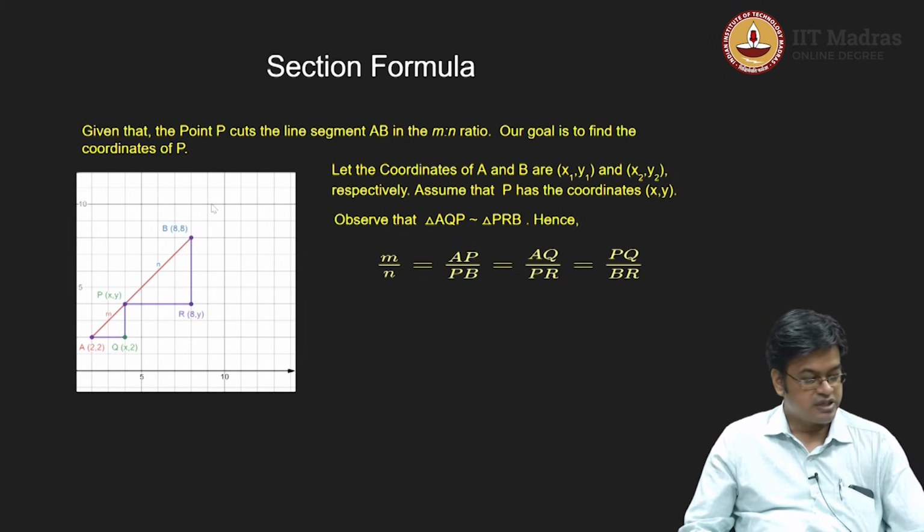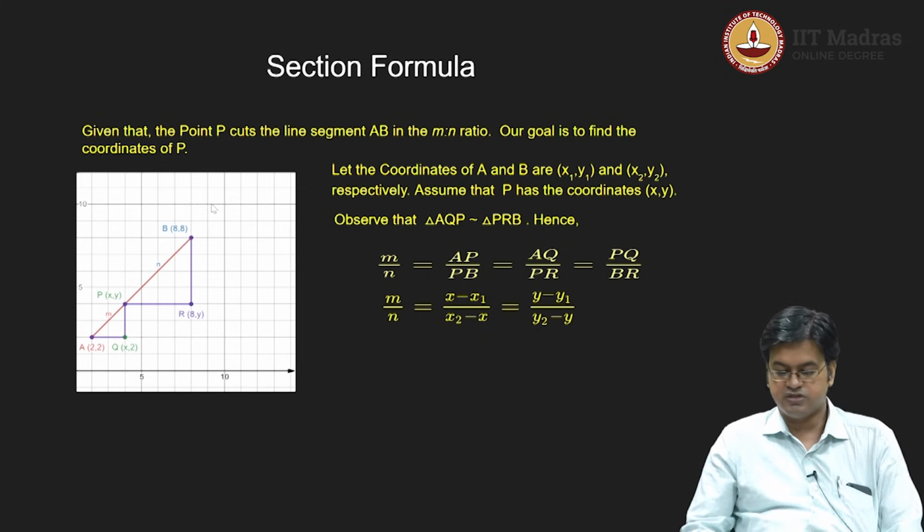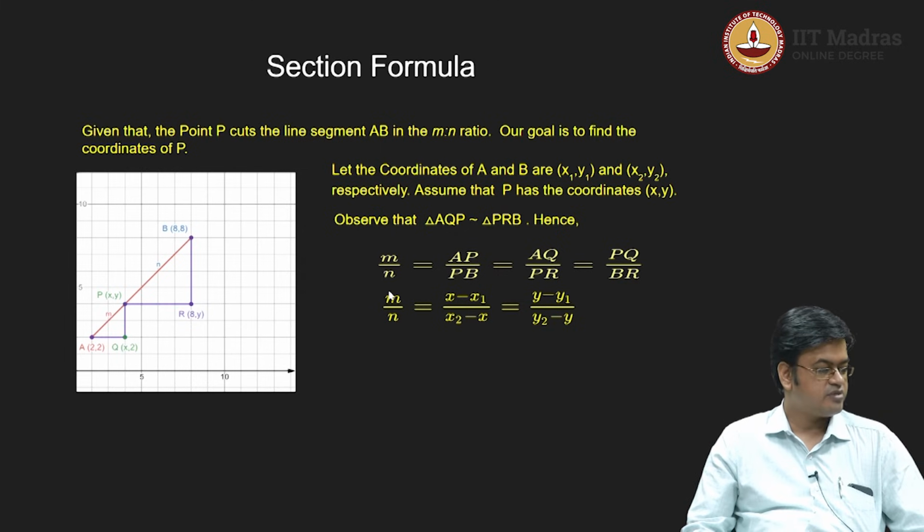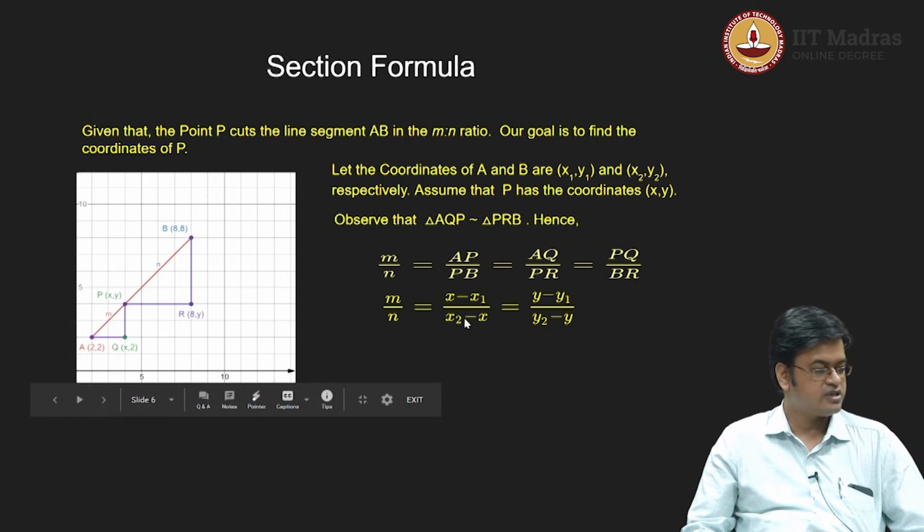Right. So together I will have a representation of this form: m by n is equal to x minus x1 upon x2 minus x, which is equal to y minus y1 upon y2 minus y. Now, take one equality at a time. Consider the x coordinates: just cross multiply and rearrange, and you will get x.